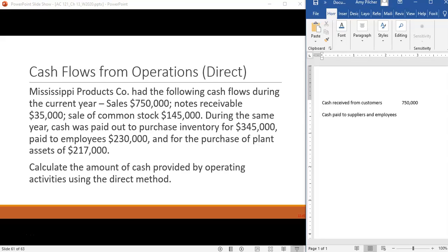That's our salaries and our payroll amounts that go out. So if we add those together, we get $575,000 paid out to suppliers and employees. Our net cash from operating activities is $175,000.